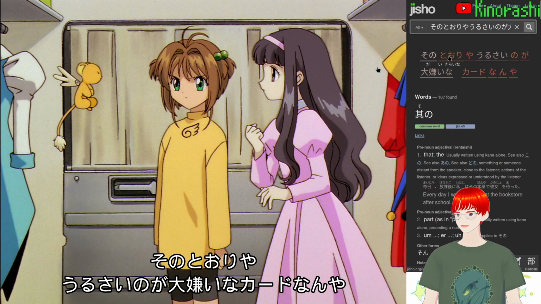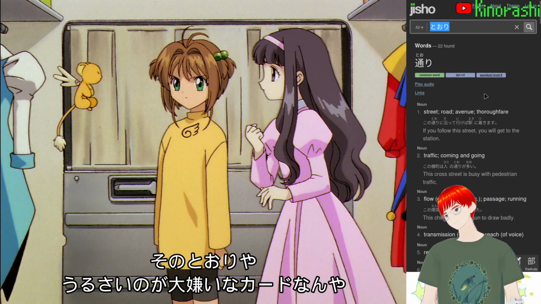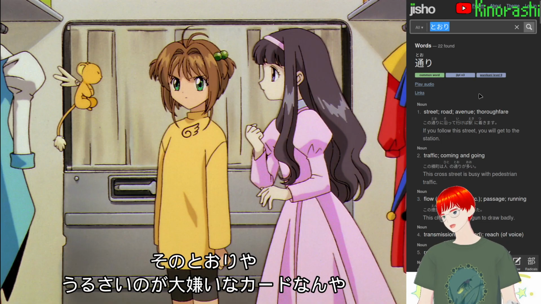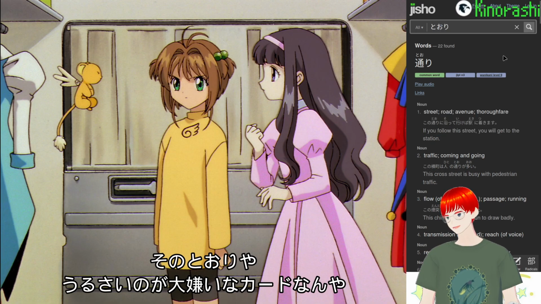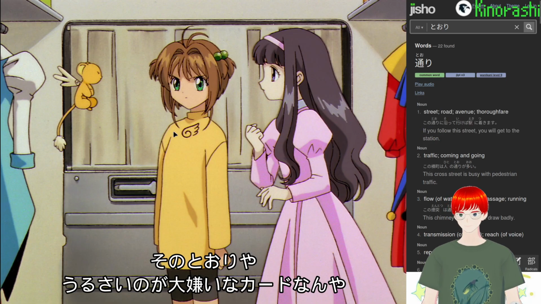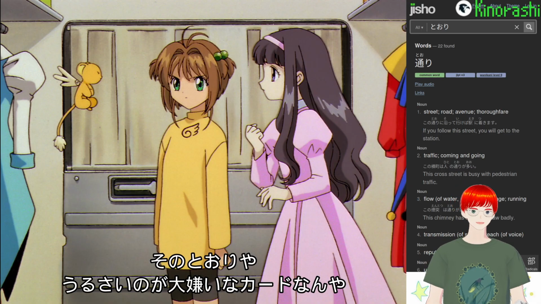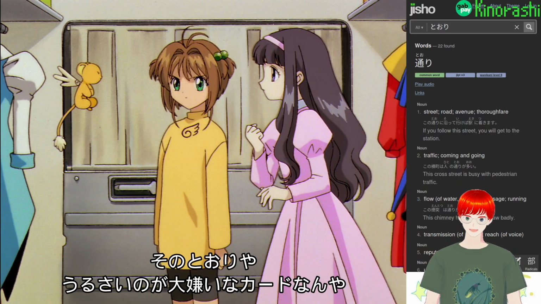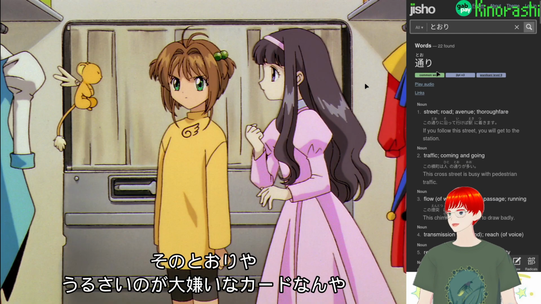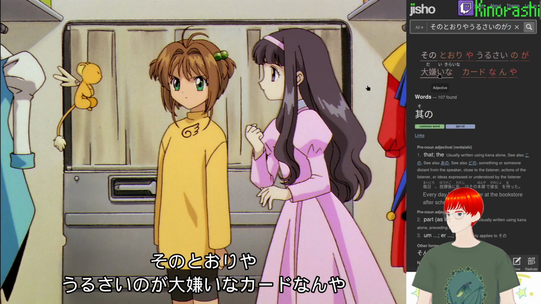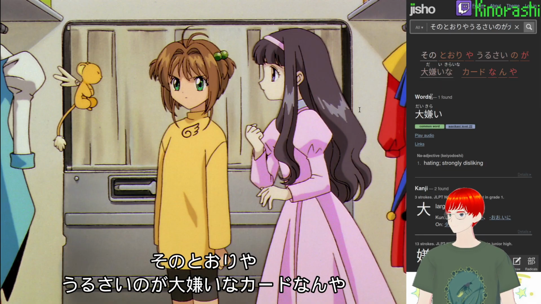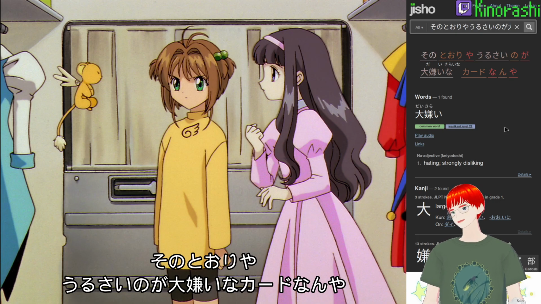Then sonotori, that path. Tori is road, but in this case it's being used to mean that's correct, in other words, you're following the right path. That's correct. Sonotori. うるさいのが大嫌いなカードなんや。Hating, strongly disliking.